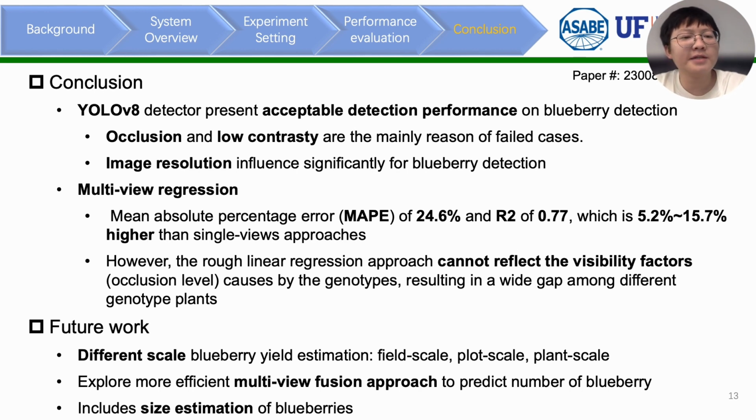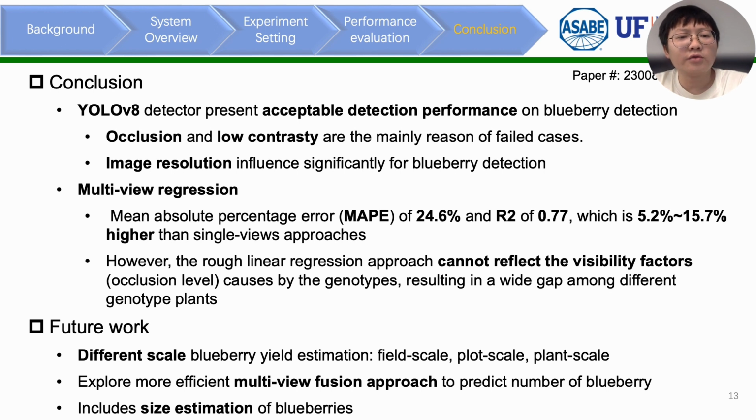As for the multi-view regression, it achieved a mean absolute percentage error of 24.6% and an R-square of 0.77, which is 5.2% to 50.7% higher than the single-view approaches.